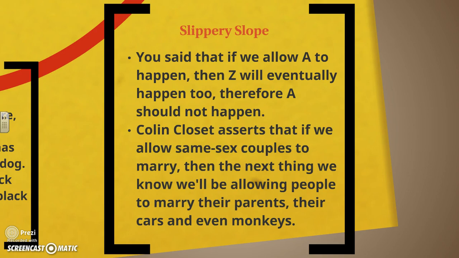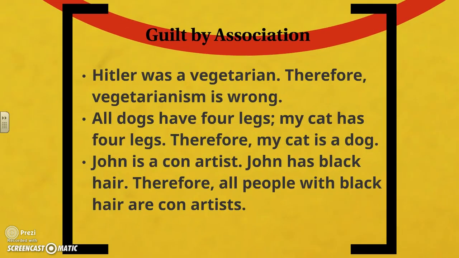If we allow that to happen, those last three things will happen. It's that slippery slope. You keep sliding and it keeps going. But in a slippery slope, unlike a hasty generalization, you choose not to continue because of that generalization.